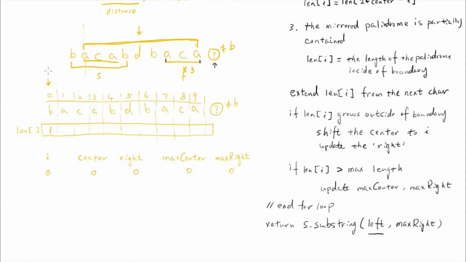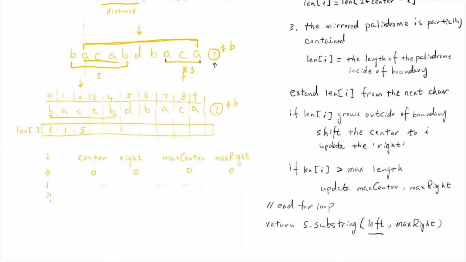Now we move to the next character. It doesn't go anywhere, so it's 1. So here everything remains the same. We move again. And at C, we find a new palindrome bounded from B to B. The length is 5.